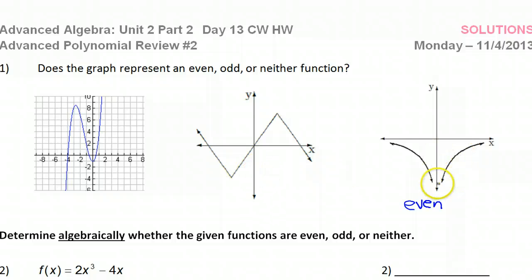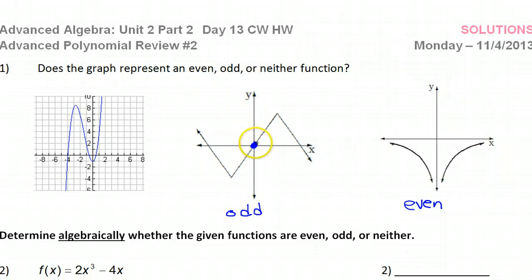On the other hand, it will be odd symmetry if it has origin symmetry, rotational symmetry around the origin. This graph right here is odd because it has rotational symmetry.